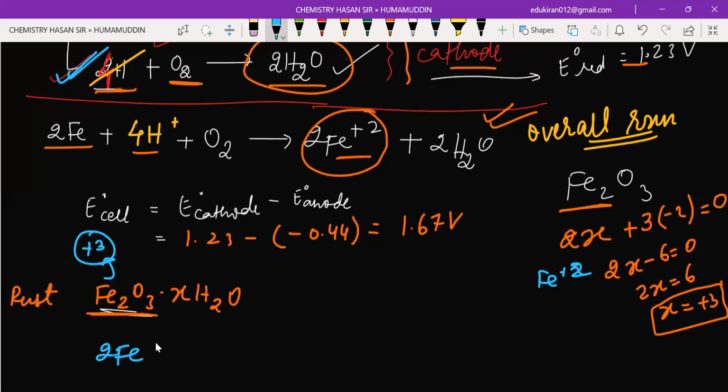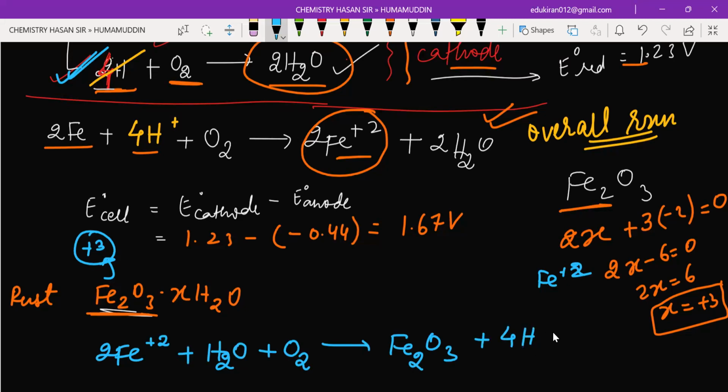This 2Fe plus 2 will again come in contact with moisture from the surrounding H2O and O2, and it converts itself into Fe2O3 plus 4H plus. To balance it, you can multiply it by 2 and you can multiply it by half.